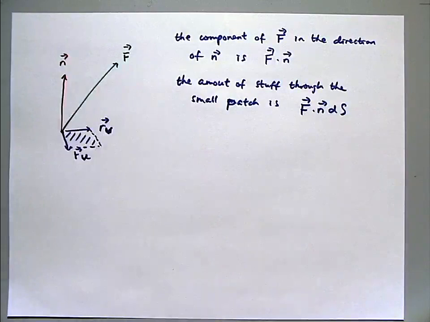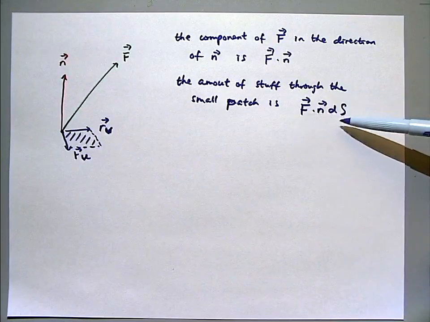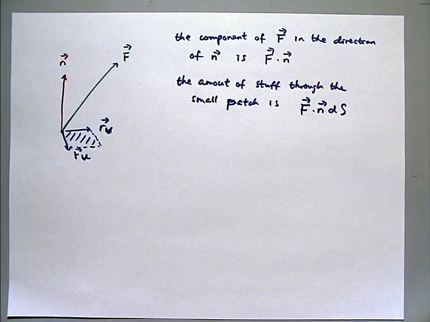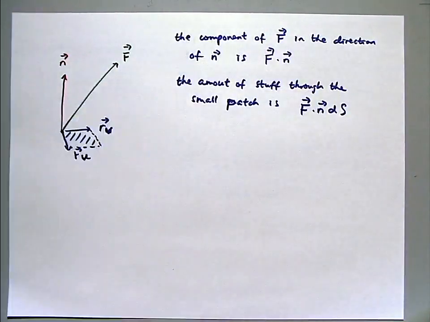We imagine that over this small area, the amount going through is just F dot N. So F dot N, that's a scalar now, scalar dS. That gives me the amount of things going through that little surface in the normal direction.